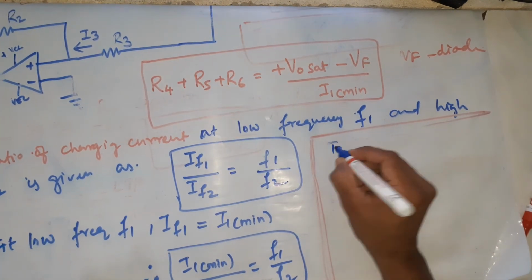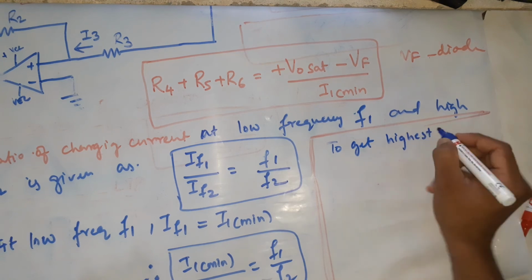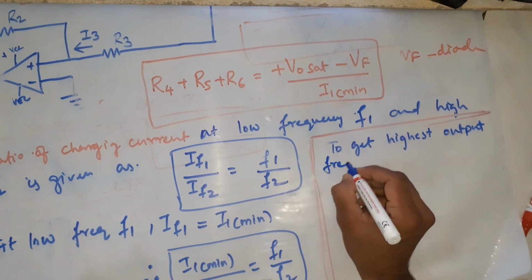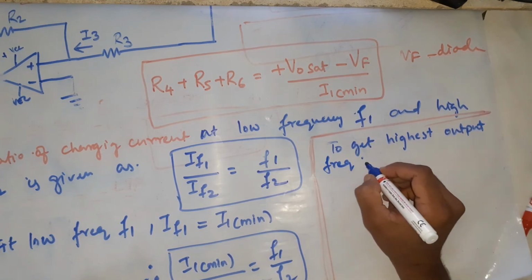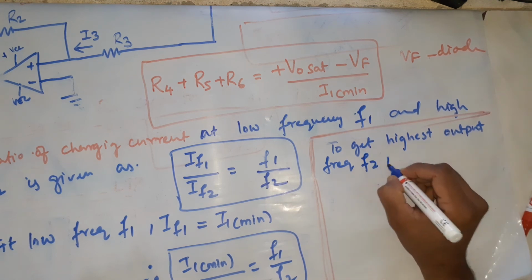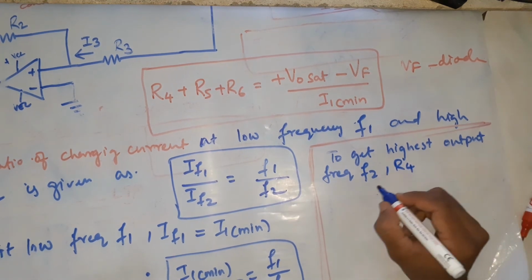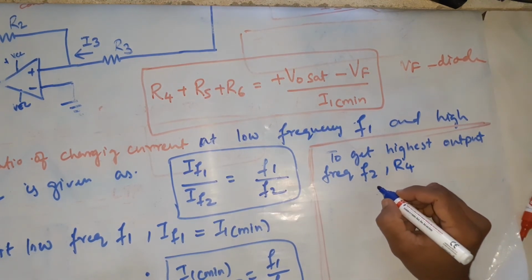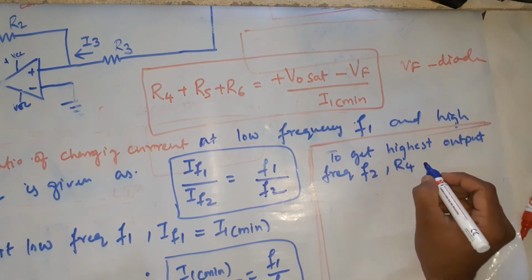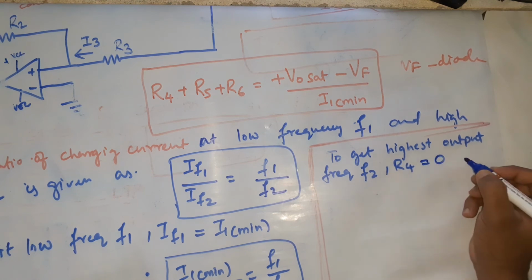Now, to get the highest output frequency, that is F2, what should be R4? To get the highest frequency, it should give the highest current. To get the highest current, R4 must be equal to 0, right?